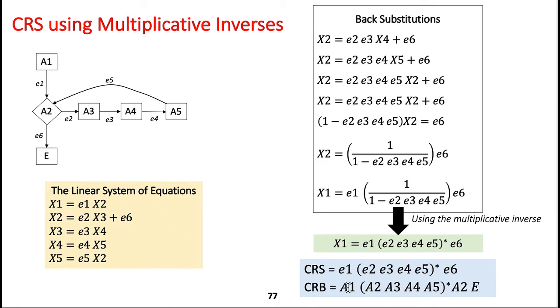So we start at A1, then we have A2, A3, A4, A5 repeated 0 or more times followed by A2 and then E. So the division can be interpreted as an iterative behavior.